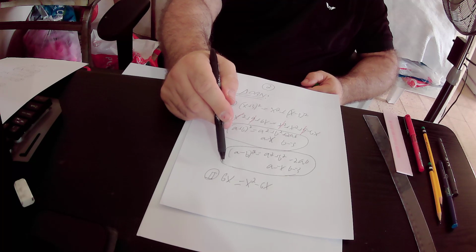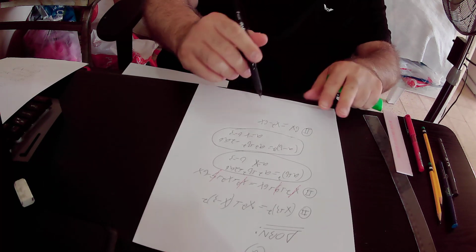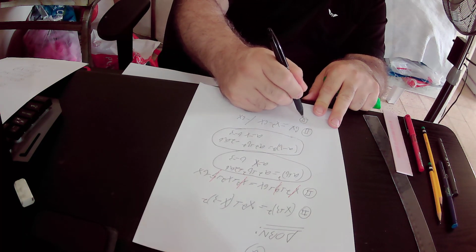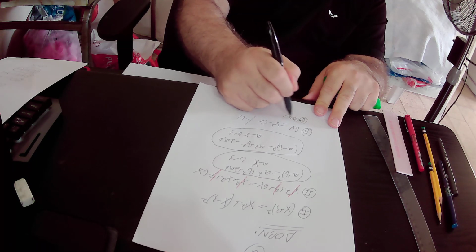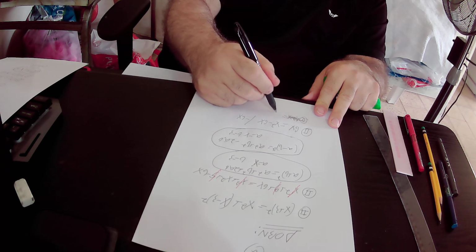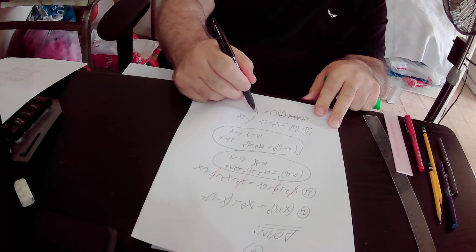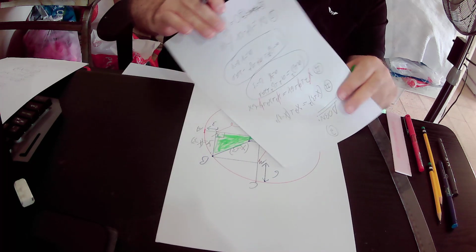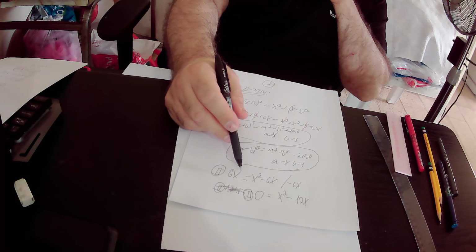We will subtract 6x from this second equation. So we subtracted 6x from this second equation.